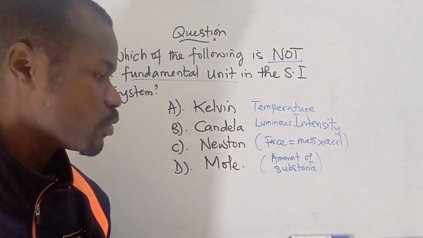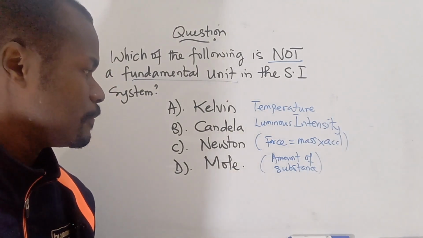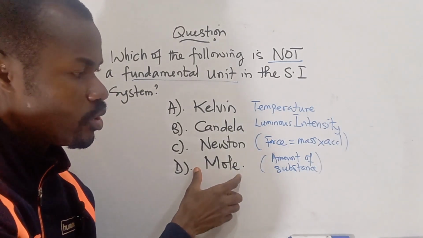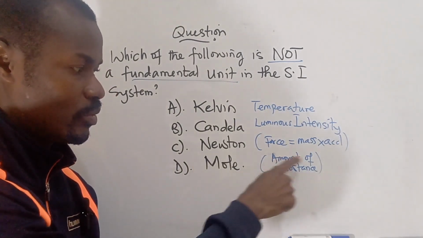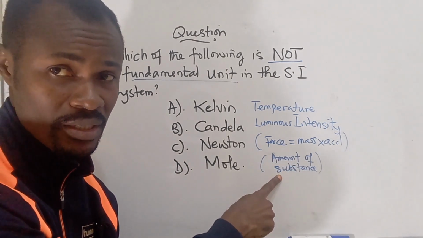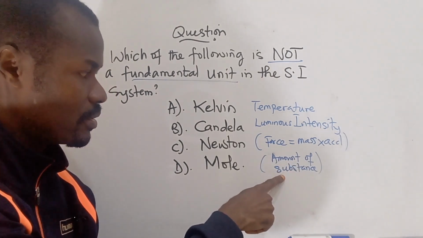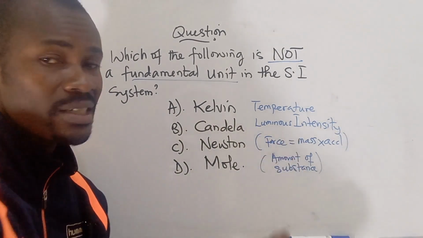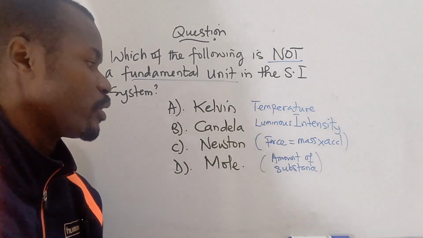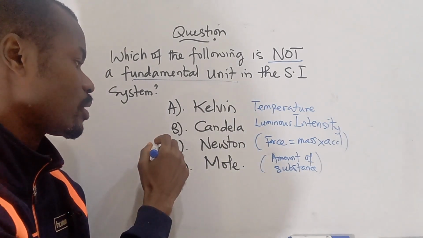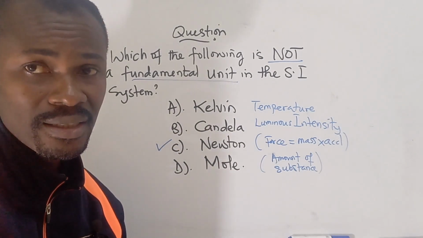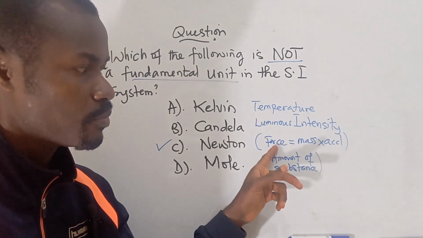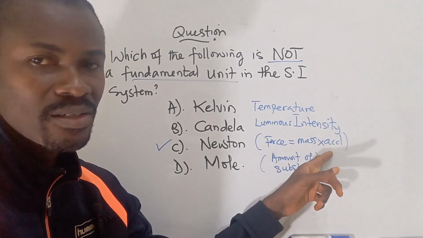So from this list, we can observe that mole is actually a fundamental unit, whose fundamental quantity is the amount of substance. Candela is luminous intensity. Kelvin is temperature. So our correct answer to this problem is Newton, because Newton is the unit for force, the product of mass times acceleration.